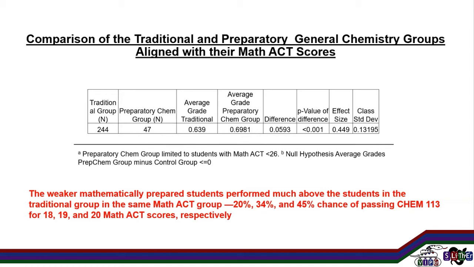So for instance, if you look at ACT scores of 18, 19, and 20, in the traditional group, their pass rates were like 20, 34, and 45. So really low chances of success for those lower groups. But when they'd gone through the Prep Gen Chem course, they were able to pass Gen Chem 1.